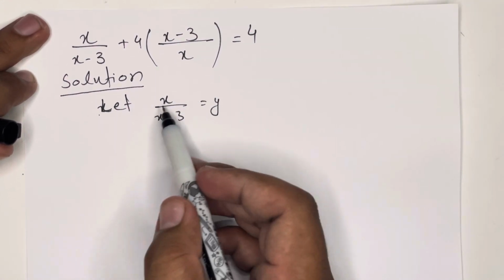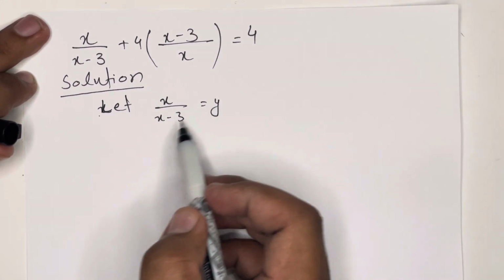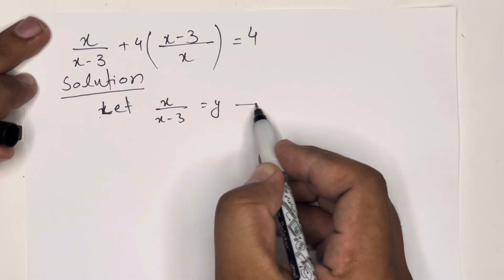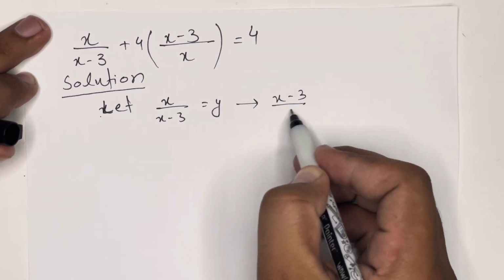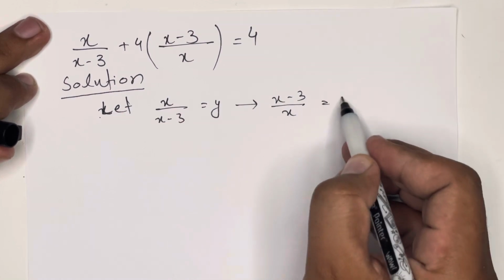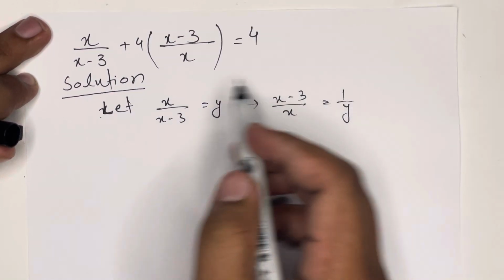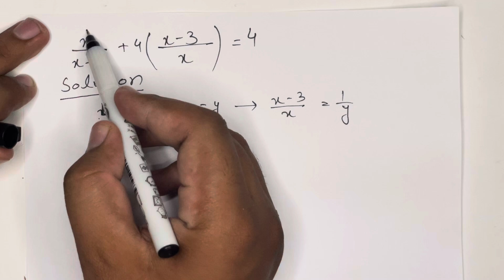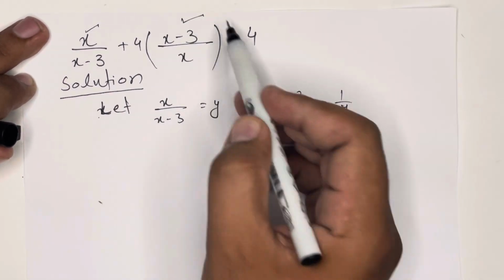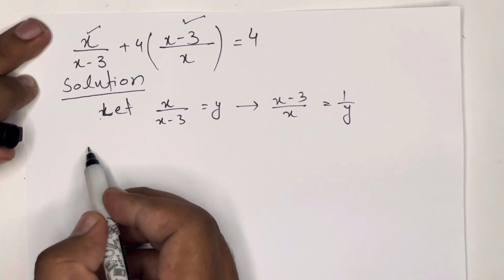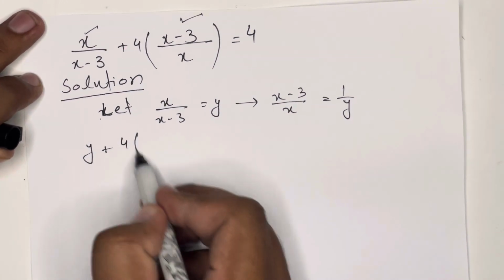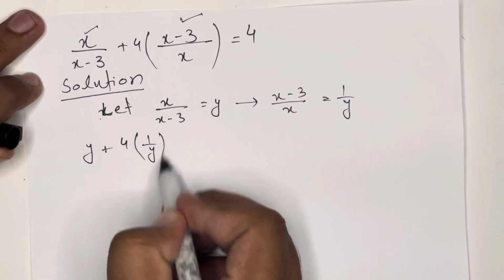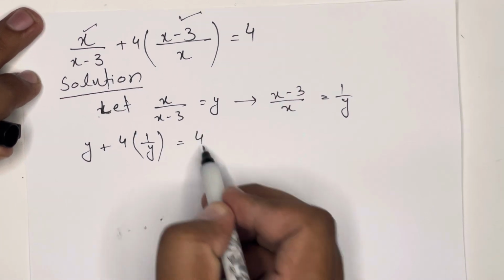As I took x over x minus 3 equal to y, now I can write x minus 3 over x equal to 1 over y. So I can put y into this term and 1 over y into this term, like that: y plus 4 into 1 over y equal to 4.